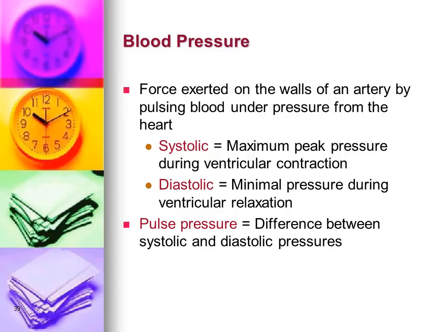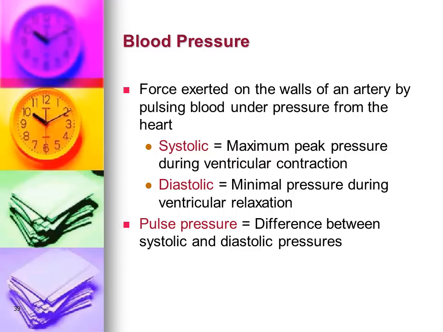Your blood pressure is the force exerted on the walls of an artery by pulsing blood under pressure from the heart. Systolic is the maximum peak pressure during ventricular contraction, and diastolic is the minimal pressure during ventricular relaxation.